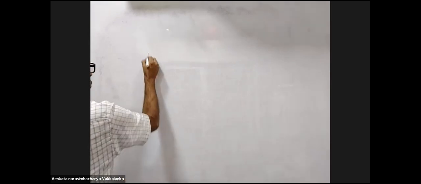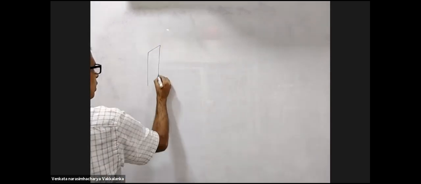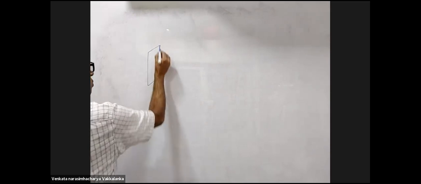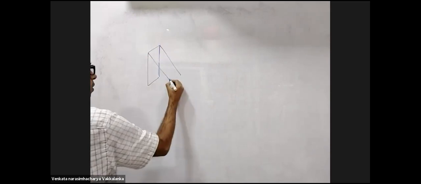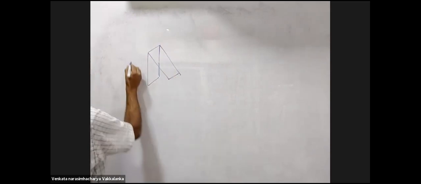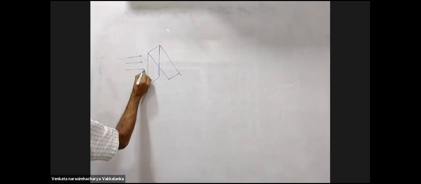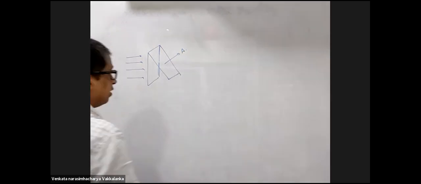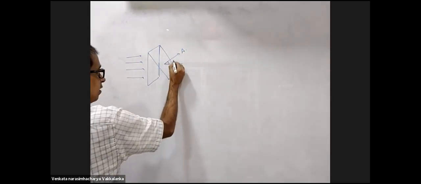Now, one more way of visualizing this. If I have an electric field like this, this is the area vector. This is theta.